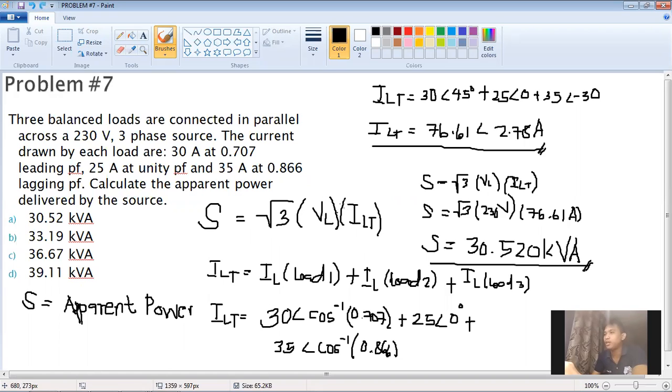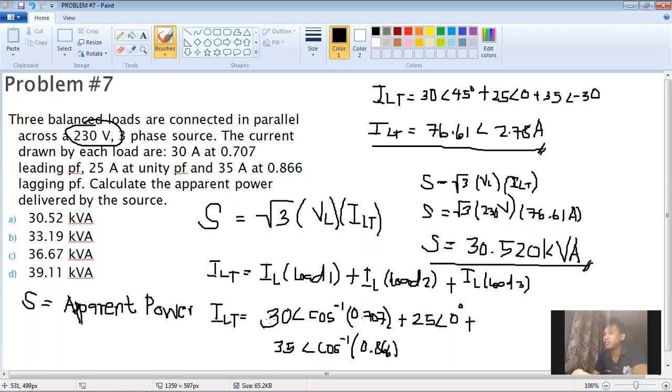Since we have the voltage VL as 230 volts, we will first get the current in LT, or the line total. So ILT is equal to IL for load 1 plus IL for load 2 plus IL for load 3.